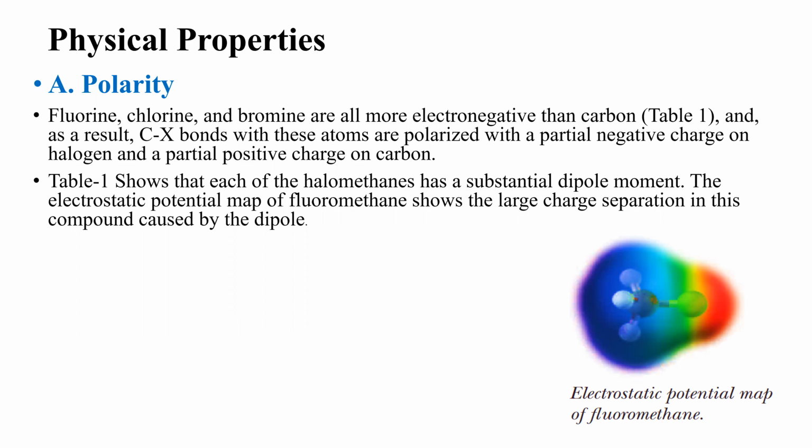In physical properties, the very first thing is the polarity, which we haven't observed in hydrocarbons. If you compare hydrocarbons versus alkyl halides, in hydrocarbons the bonding is only between carbon and carbon, and carbon and hydrogen.